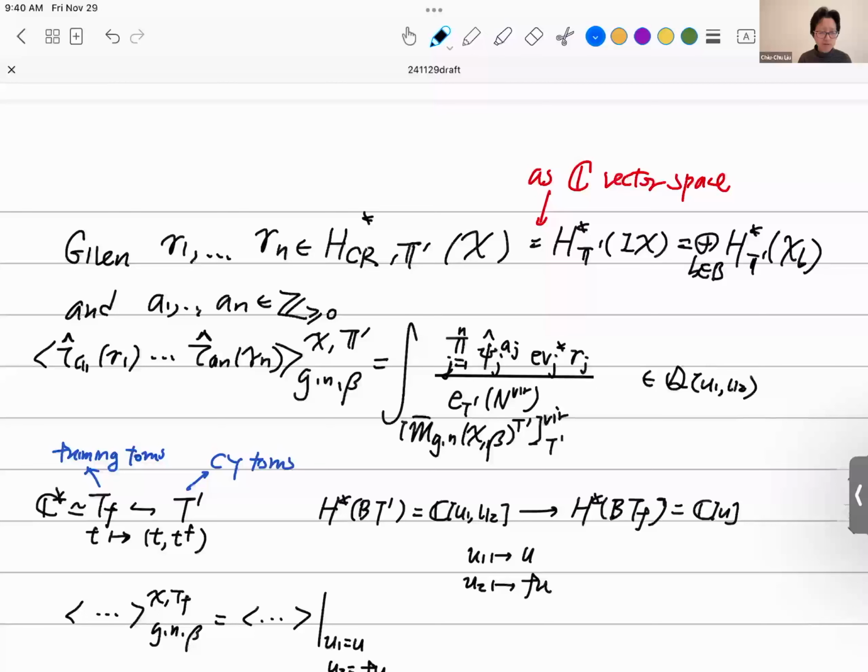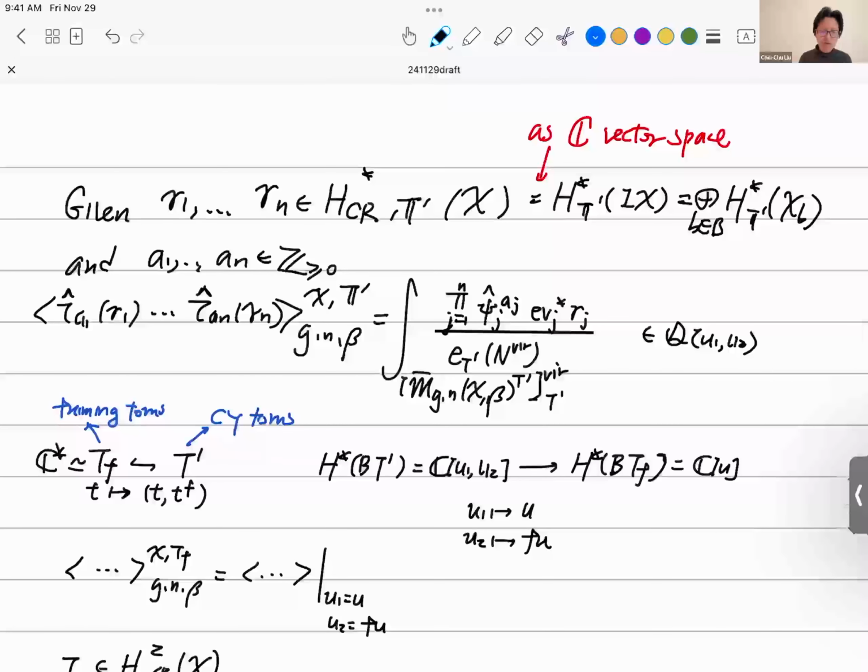Recall that when we define open Gromov-Witten invariants, counting holomorphic curves with boundary in a Lagrangian, we need to specify a framing. That framing will actually determine a one-dimensional subtorus, embedded in this way with some specific choice of the coordinates on the Calabi-Yau torus T prime.